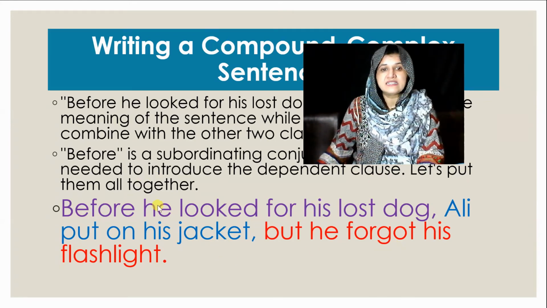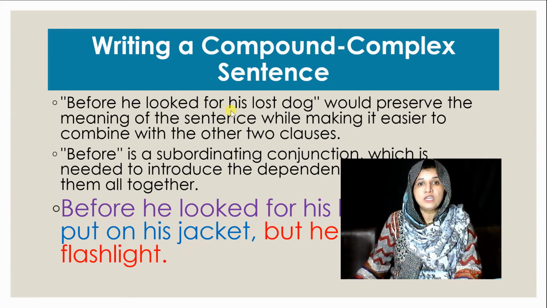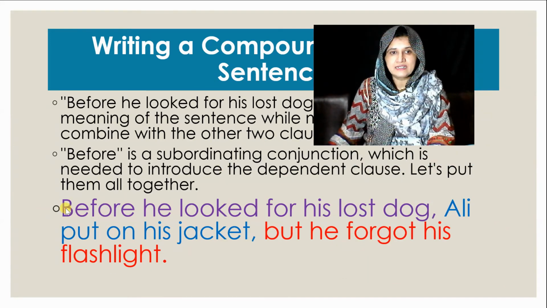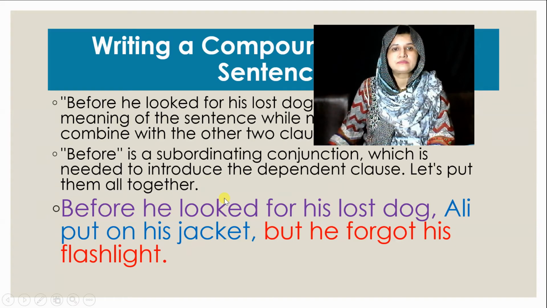So we converted the first sentence into a dependent clause, and before he looked for his lost dog would preserve the meaning of the sentence while making it easier to combine with the other two clauses. Before is a subordinating conjunction, you are already aware, which is needed to introduce the dependent clause. Let's put them all together, and this is what we call the compound complex sentence, right?